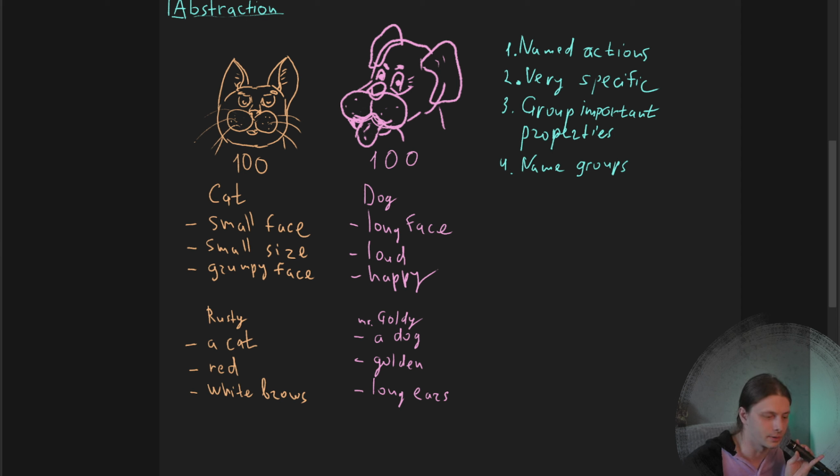It's also a very important concept. So we just specified a particular instance like Rusty by its name, and that was an instance of our more abstract group, cat. So here, when we had Rusty, we have the property that it is a cat. And when we have Goldie, we have the property that it is a dog.